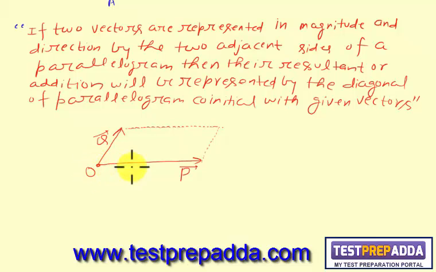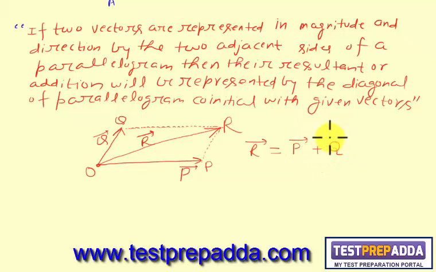Let this be O, this point P, this point Q, and this point R. So as per the law, this OR will represent the resultant or addition of two vectors OP and OQ. So I can write vector R, that is resultant vector, is equal to vector P plus vector Q.